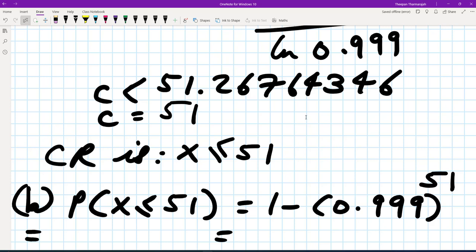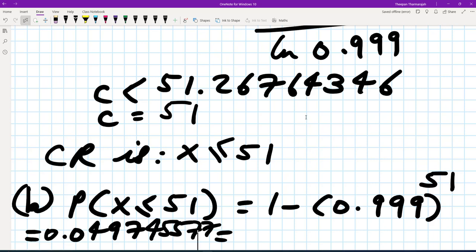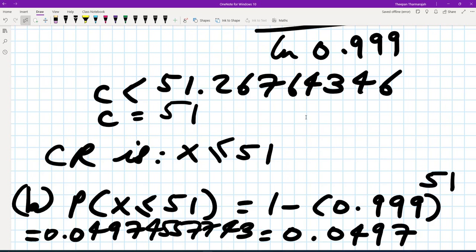Using the CG50, we get 0.049455743, and to 4 decimal places that works out to be 0.0497.